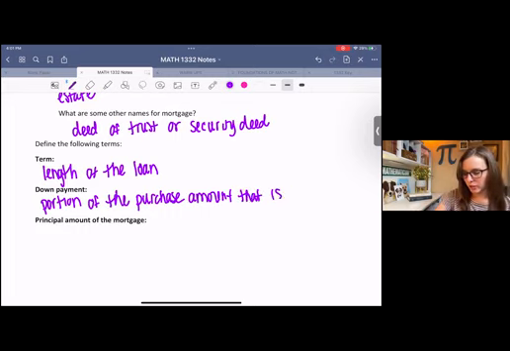We say put down, but what that means is you usually have cash or a check that you put down on the loan before you start paying, and it minimizes what you have to finance.